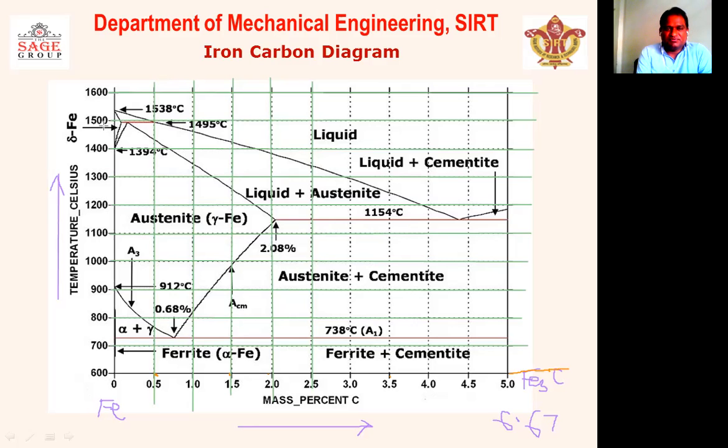from the temperature. You have to draw first horizontal line at the temperature 1493 degrees Celsius. Yes. So I am going to draw a line from where the temperature is 1493 degrees Celsius.